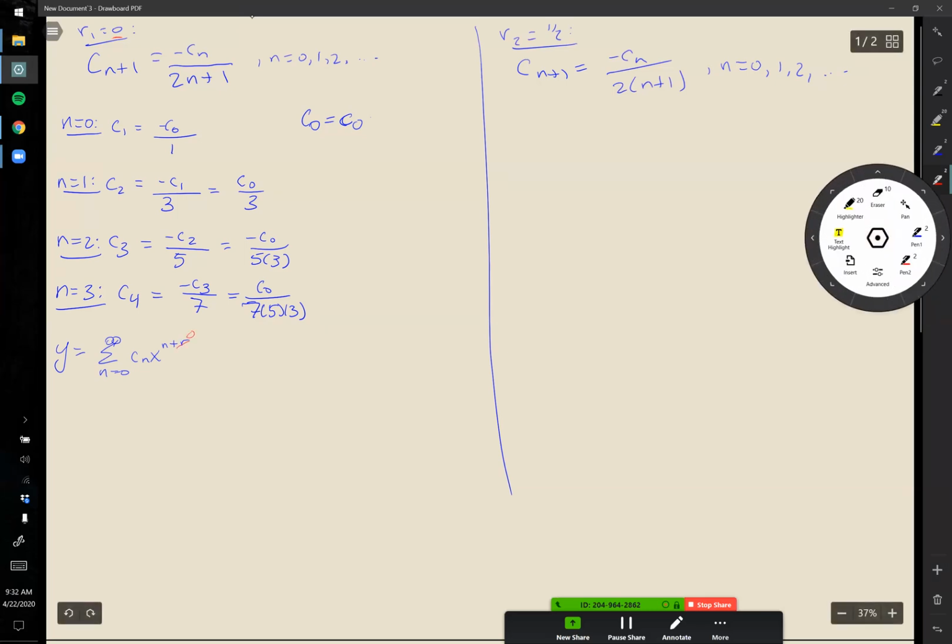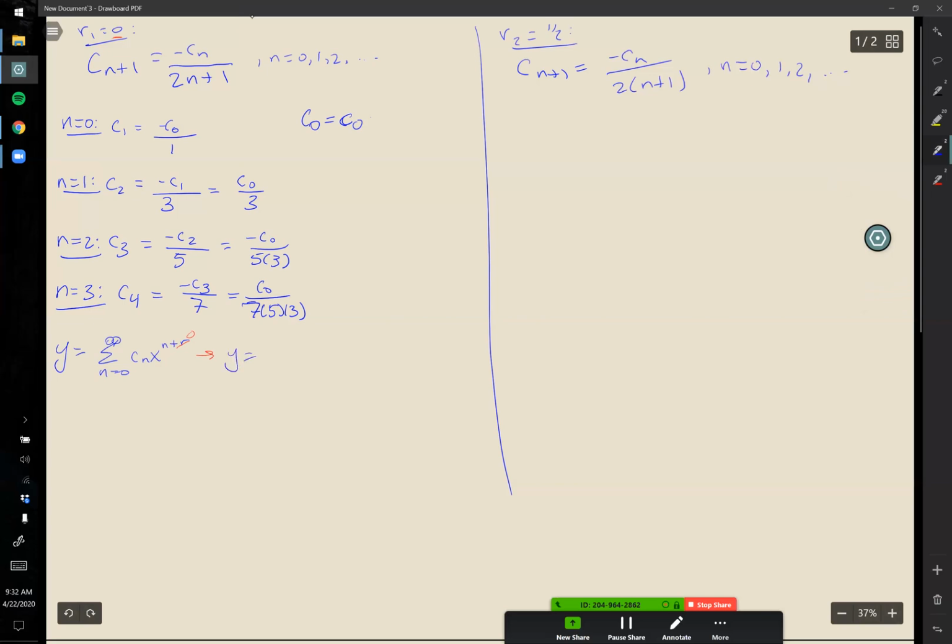So really our guess here is just, go back to here, y is equal to a regular old power series that we learned last time. So let's write out what that looks like. y is equal to the sum from n equals 0 of C_n x to the n. Again, because for this r is 0, so that just went away. And so it's just going to be C naught plus C1 x plus C2 x squared. You know, it's what every power series looks like.